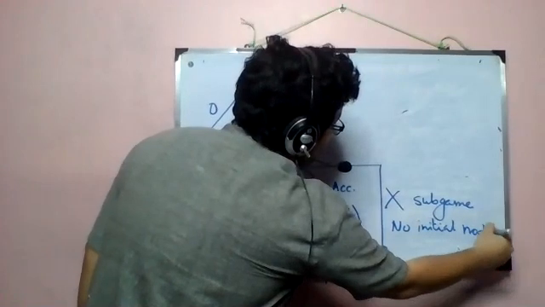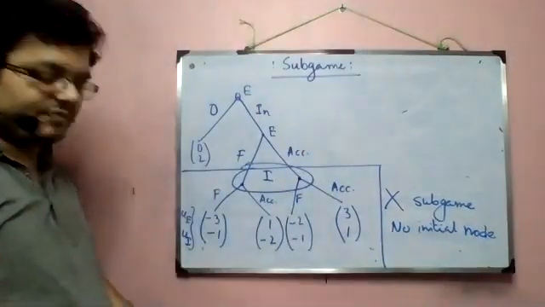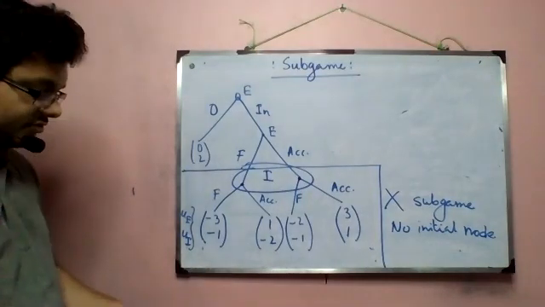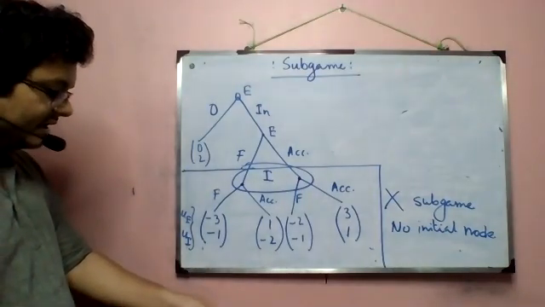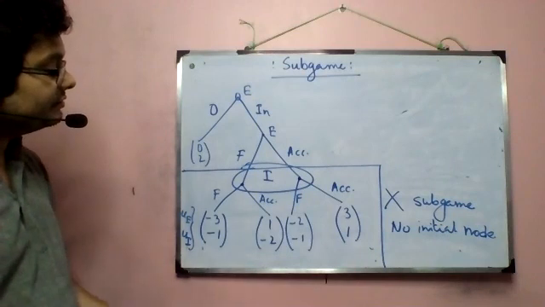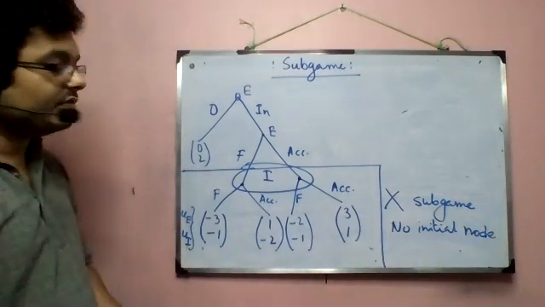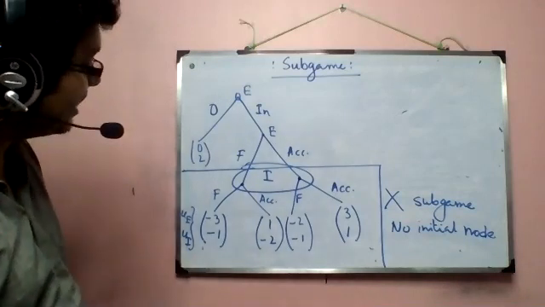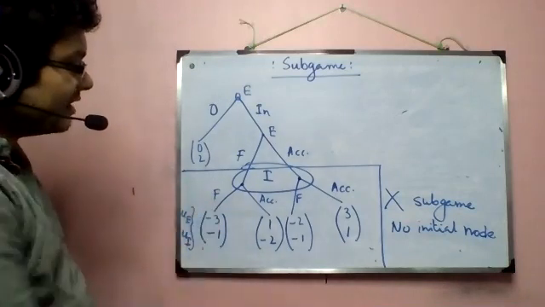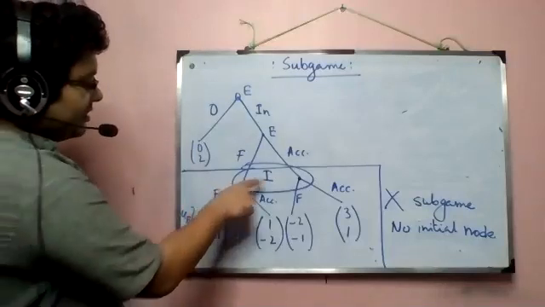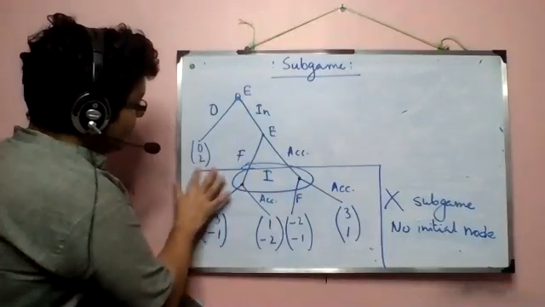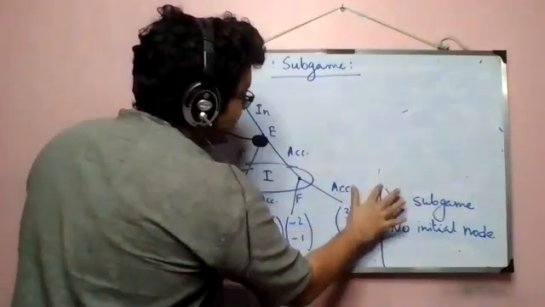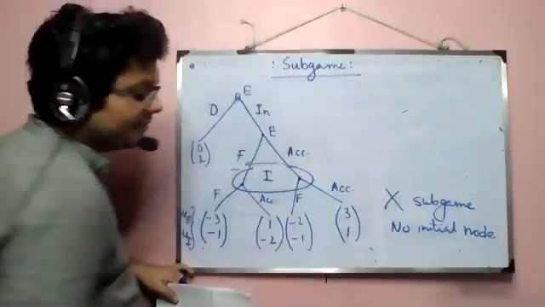This is our reason here. Let us take another two different partitions in which we will see that they won't be a subgame for a different reason. Now, we know that the initial node belongs to a singleton information set.